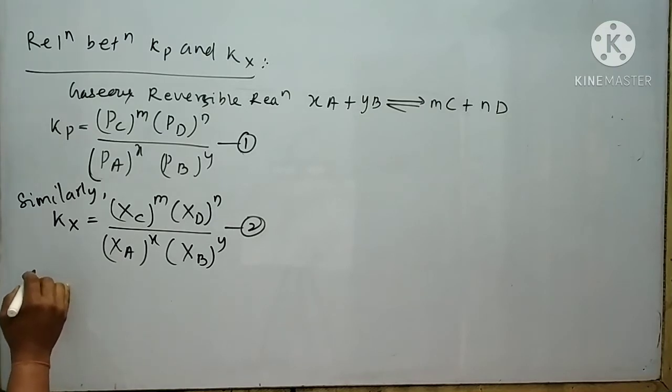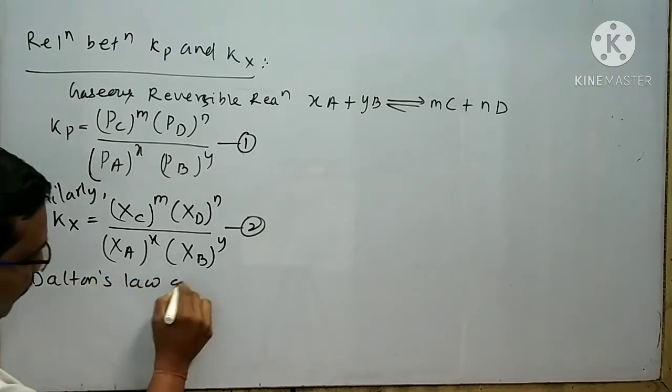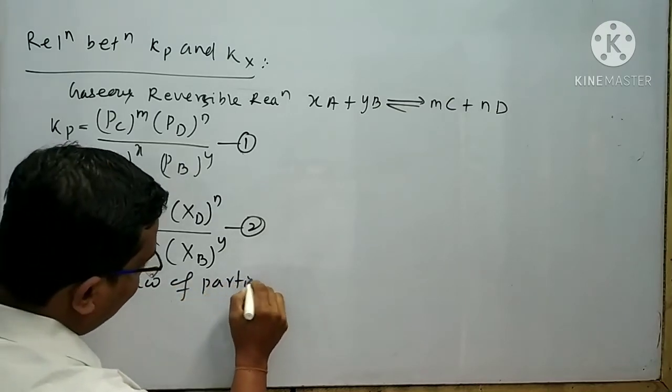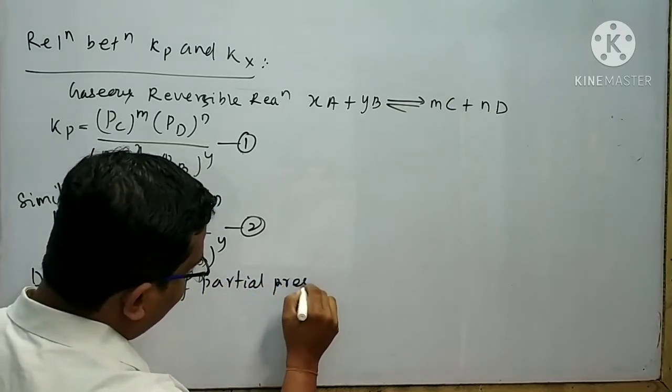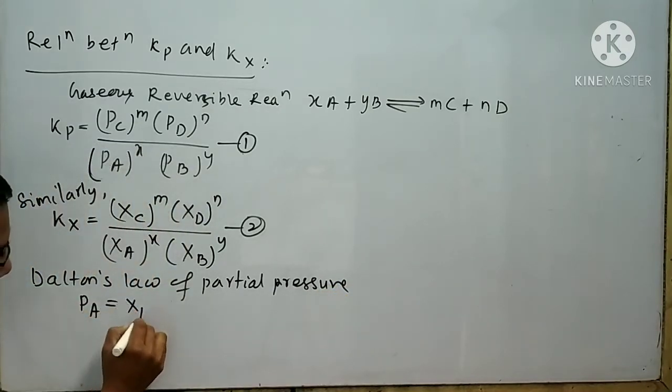According to Dalton's law of partial pressure, I can write Pa equal to Xa into P, the total pressure.